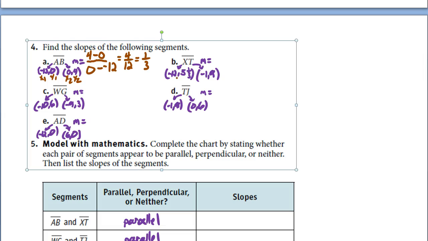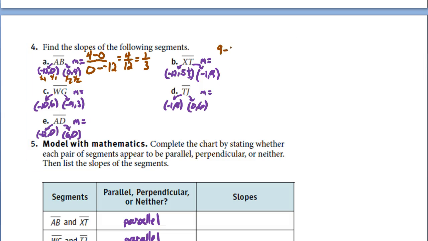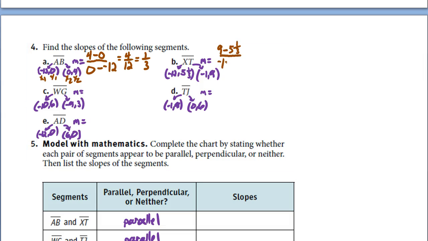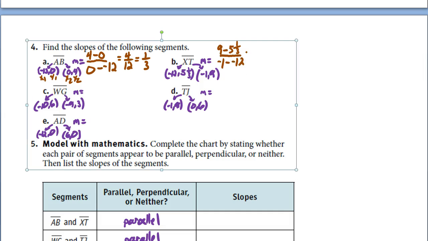Question B, point X is located here, point T is located here. So we're going to take y2 minus y1 divided by x2 minus x1. Again, the pattern is like this. This is x1 and y1, the x and y from the first point.